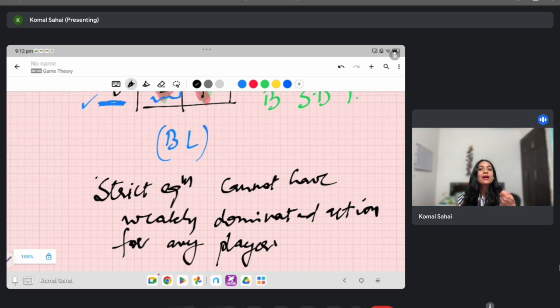Okay, so we'll see that even when games like matching pennies do not have a Nash equilibrium in pure strategies, they do have a Nash equilibrium if we modify the concept of equilibrium and actions. All right. So that's it for this session. I will see you in the next session. Bye bye.